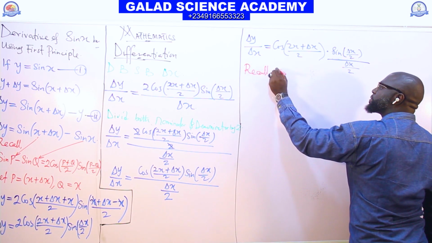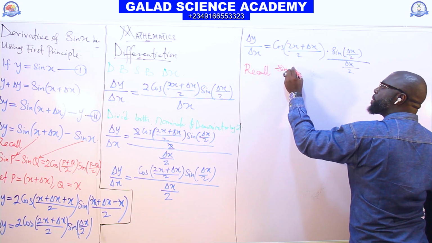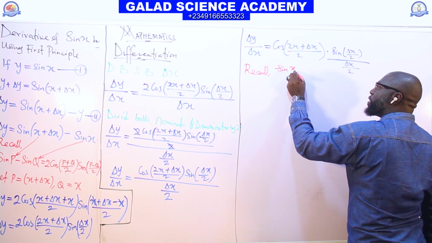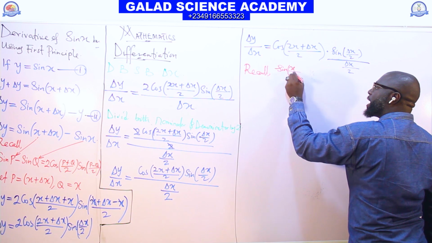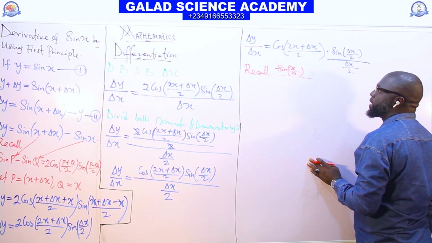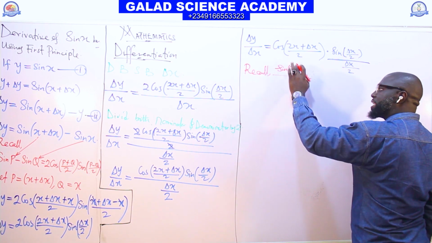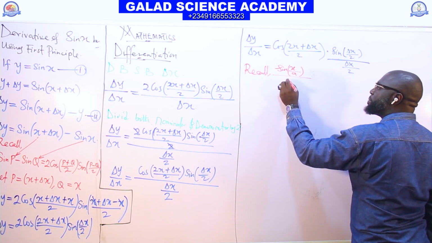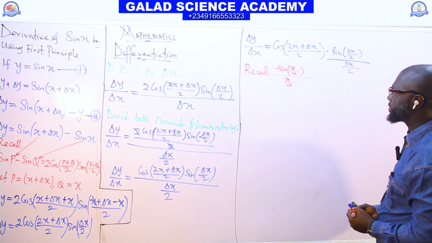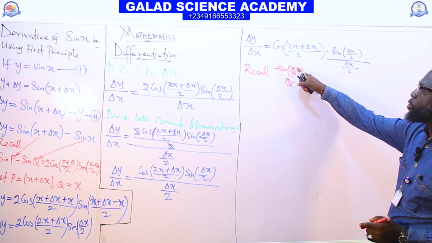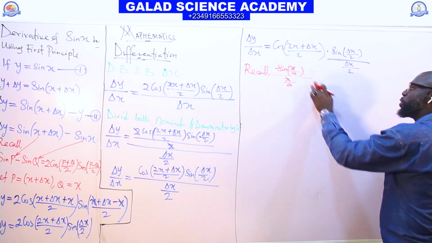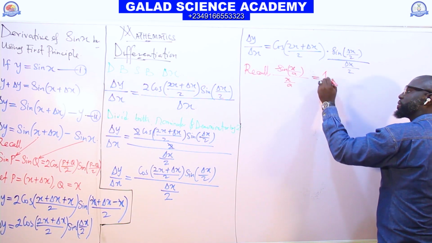Whenever you have sine angle of x over a divided by x over a, or you have sine angle of 30 divided by 30, it will give you 1.